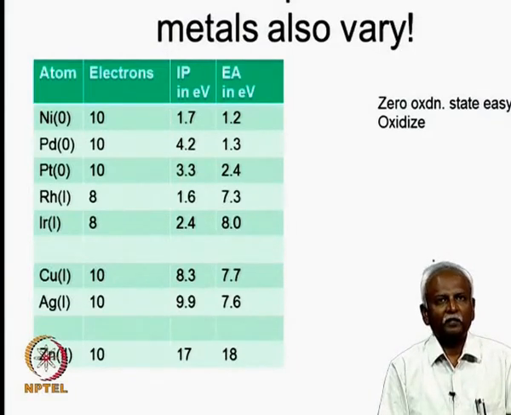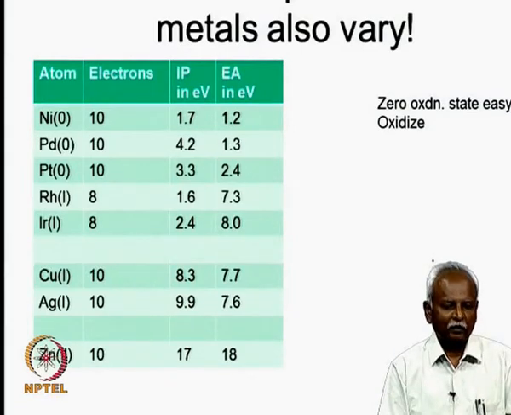One way to measure this is to look at the ionization potential for the metals, and here I have listed a few of the ionization potentials, and you will notice that as you go down the group, you tend to have a remarkable change in the ionization potentials. Nickel is easiest to ionize, it is easy to remove the electrons from nickel 0, that is also a d10 system.